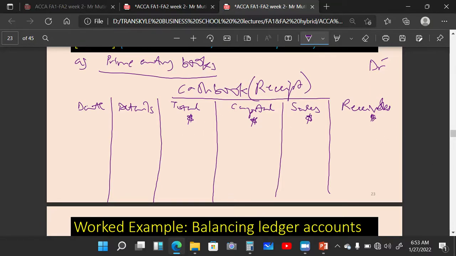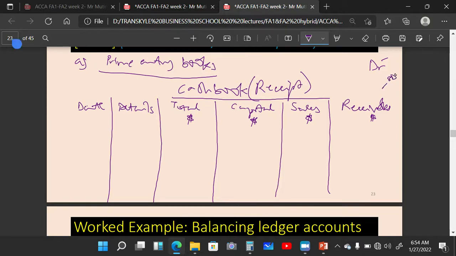You will discover that usually for a transaction like receivables, the main book of original entry should be the sales day book.